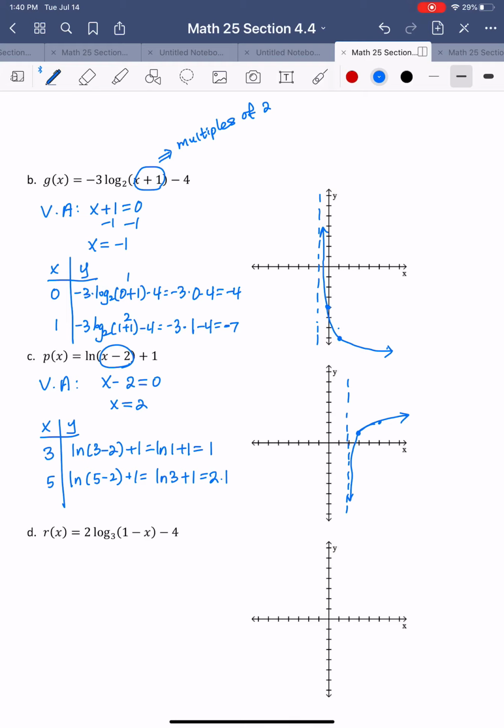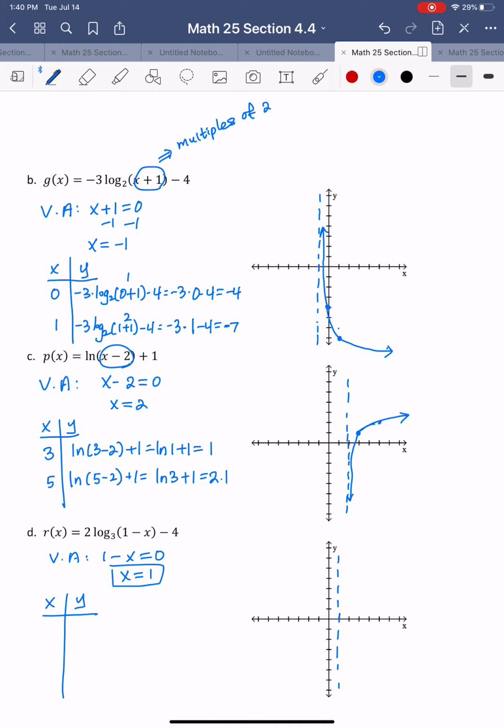All right, the next one. The vertical asymptote is 1 minus x equal to 0, which is x equals 1, isn't it? So x equals 1 is right here. For the table, I want to try to make the argument 1.